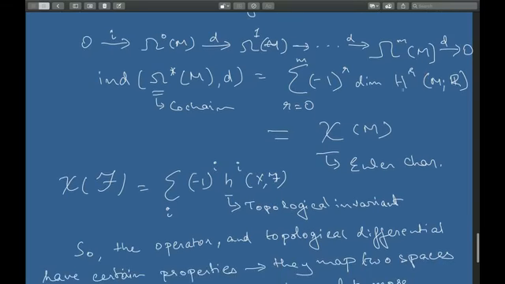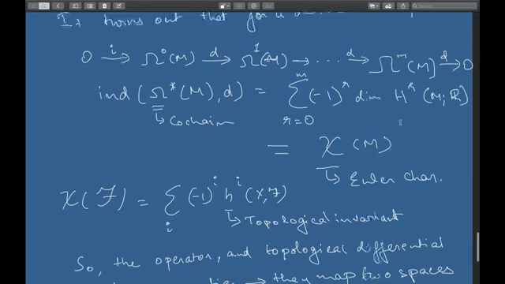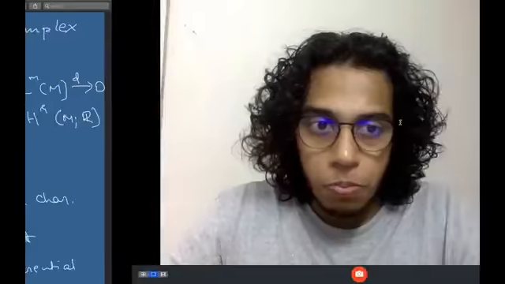So we will go on. H^r is an interesting quantity. It is called a cohomology group.